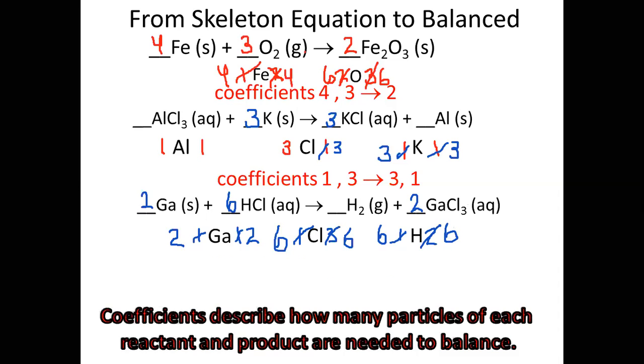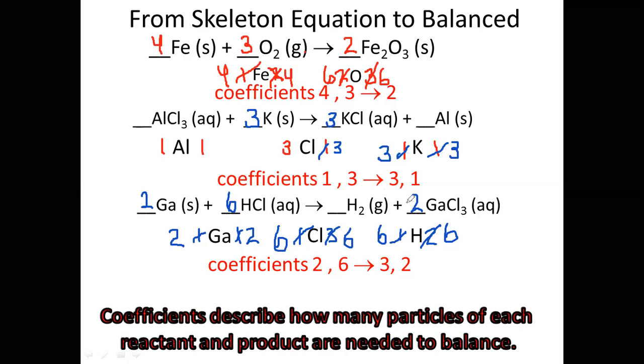So our coefficients in this case, 2, 6, 3, 2. If you'll pardon my error here, one thing that we failed to recognize is our hydrogen amount over here on the right. I didn't put our coefficient in here to create the 6 on the right side.